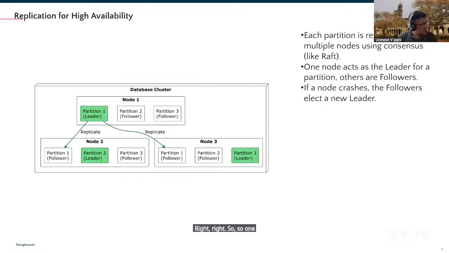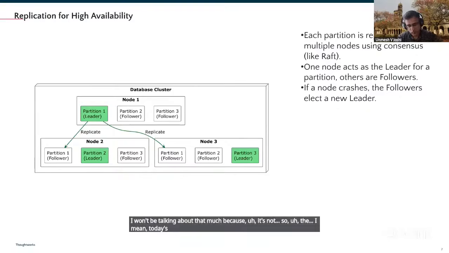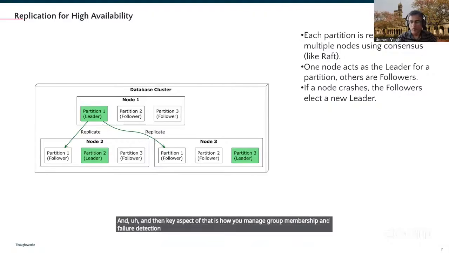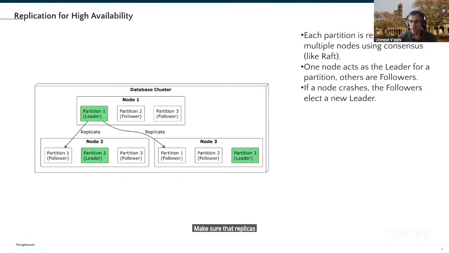So one of the key aspects, and maybe I won't be talking about that much because today's discussion is more around usage of time and transactions, but one of the key aspects when you say something is distributed is what happens when things fail. And a key aspect of that is how you manage group membership and failure detection, how you make sure that the replicas you have reconcile when failures happen, to make sure that clients see a consistent state.